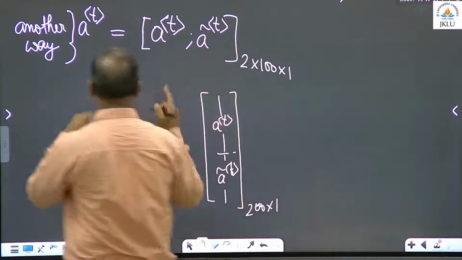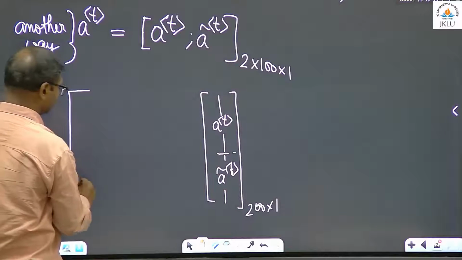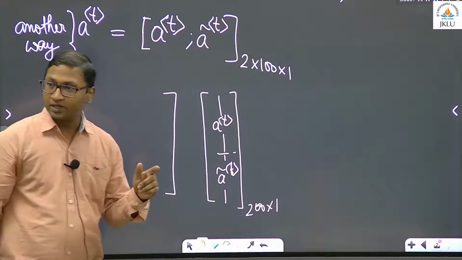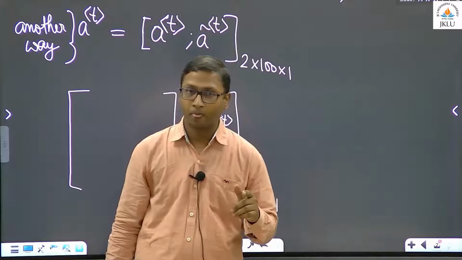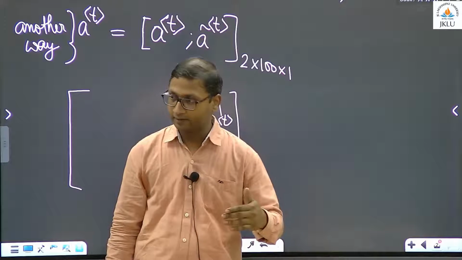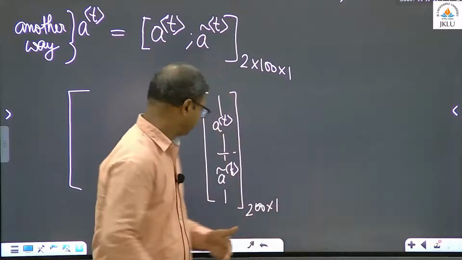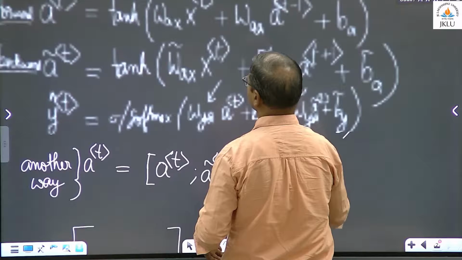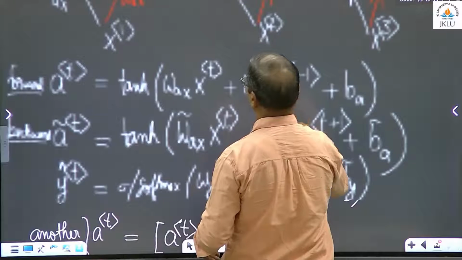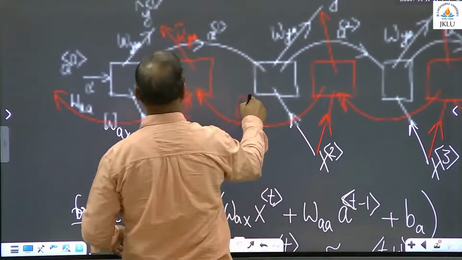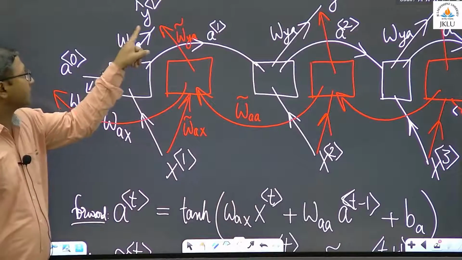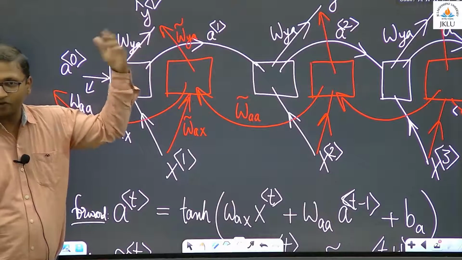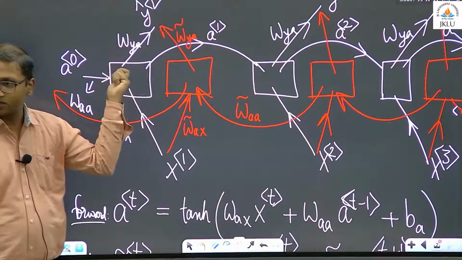Now your W_ya originally was 1 cross 100. This W_ya must be 1 cross 100 if I am doing a logistic regression here. If I am doing a softmax here, then number of classes cross 100.